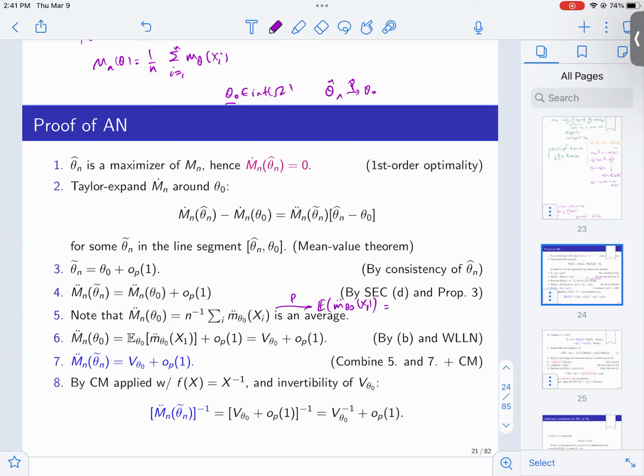And this is by definition v theta naught. I can say that this is v theta naught plus a little OP of 1. So this holds by the weak law of large numbers. Okay, so far so good.